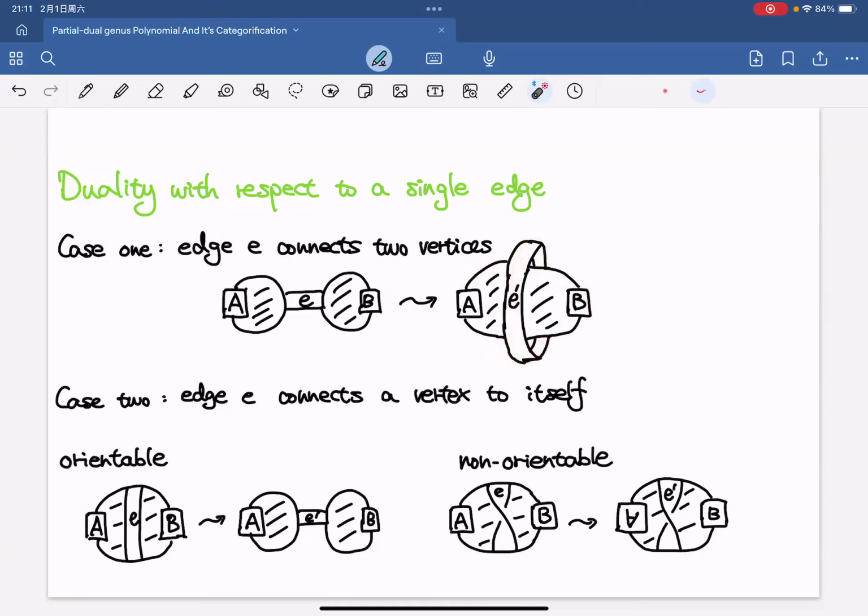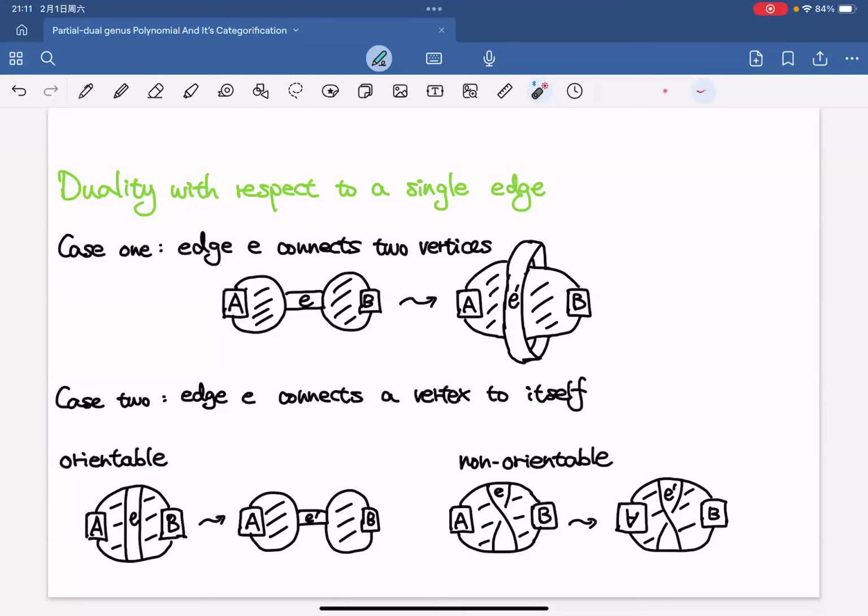And if the edge E connects a vertex to itself, we have two cases. The first one is the vertex and this edge is orientable, just like this. We just split this vertex into two vertices, and the new edge is glued like this.